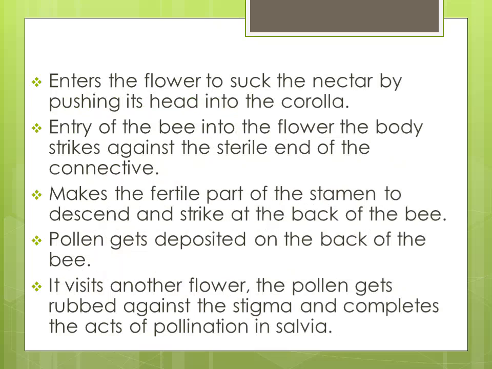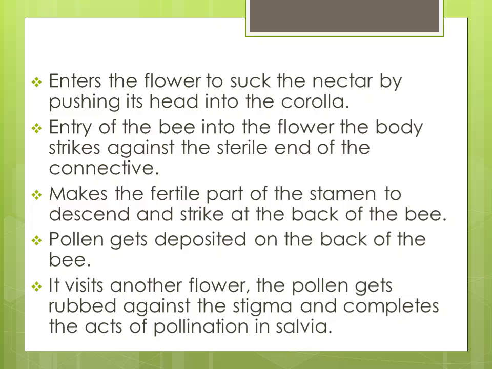So the bee enters into the flower and starts to suck the nectar by pushing its head into the corolla. So what will happen? The upper lip strikes against the bee, so automatically the pollens are deposited at the back of the bee.